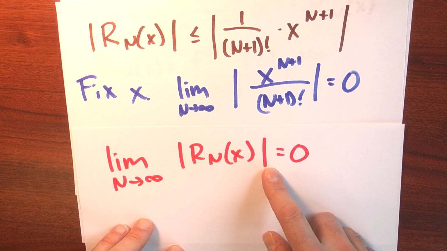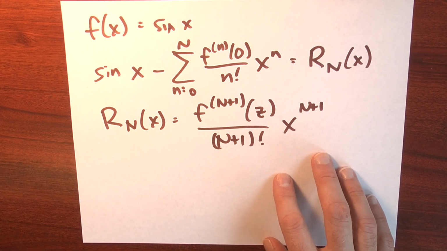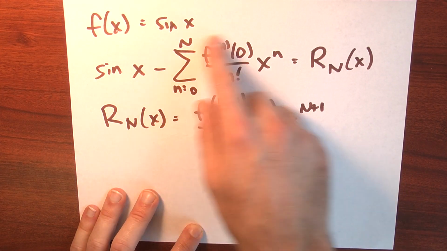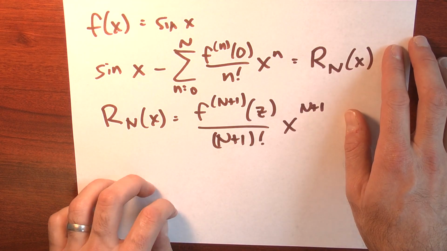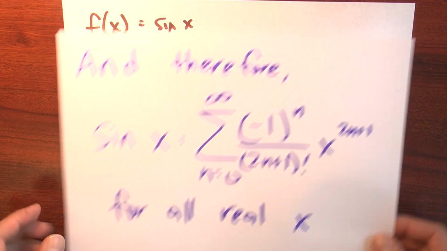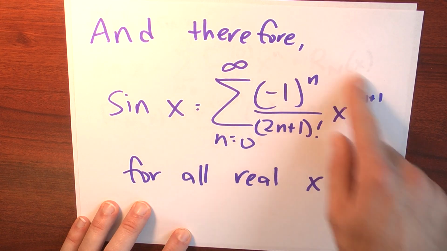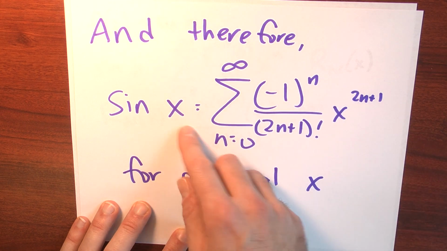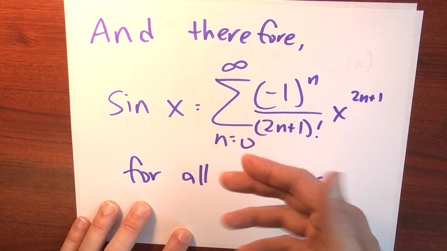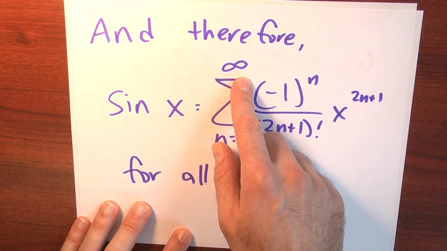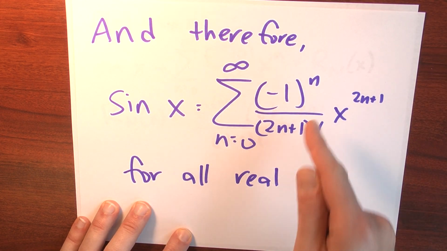But if the remainder term is going to 0 in the limit, that tells me that the difference between sine and its big Nth partial sum is going to 0 as big N goes to infinity. But that's just to say that sine of x is actually equal to its Taylor series, because the error between sine of x and the big Nth partial sum over here is going to 0. So in the limit, when big N is going to infinity, sine of x must actually be equal to its Taylor series. We've already found its Taylor series.